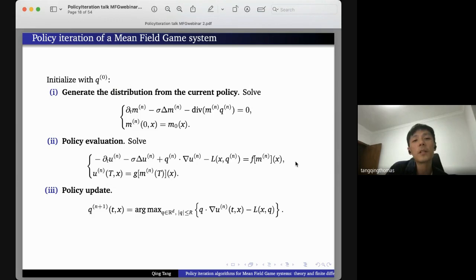First they generate another probability distribution M from the current policy Q, and then they use this for the final term in the HJB equation. Both these equations are linear, so at each step they are solving linear problems. Then they have a policy update, and then they generate another probability distribution. So that's what they are doing.